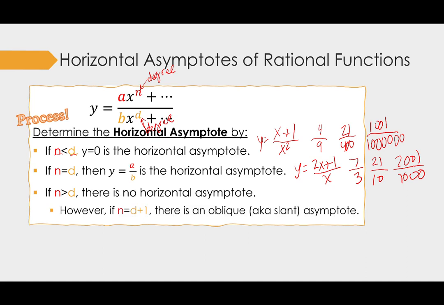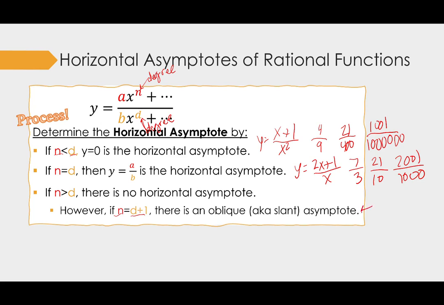Last option, if n is greater than d, there's no horizontal asymptote. The reason being is similar to the first one. The numerator is growing way faster than the denominator, so it's getting bigger and bigger and bigger. There's not going to be a limit on that one. It'll just approach infinity. So, one more thing, if you have where the degree on top is just one more than the bottom, like x squared over x, then there is an oblique or a slant asymptote.